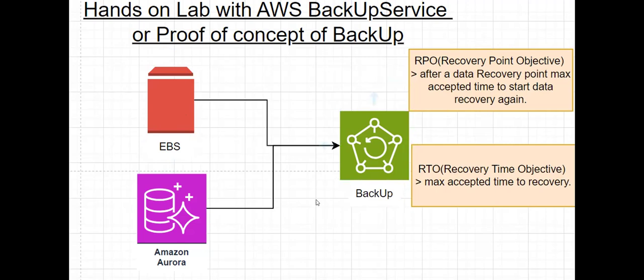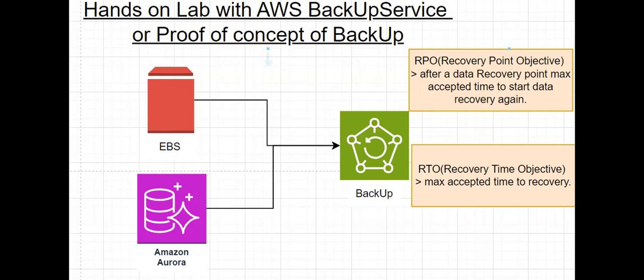Is it possible by using the Backup service? Yes, you can do that. That is on-demand backup of your EBS storage as well as Aurora database storage by using the Backup service. You simply create some tags on those resources and then use those tags to select your resources and back up.